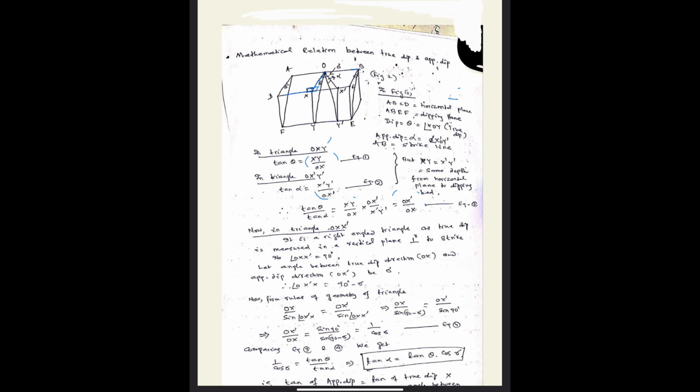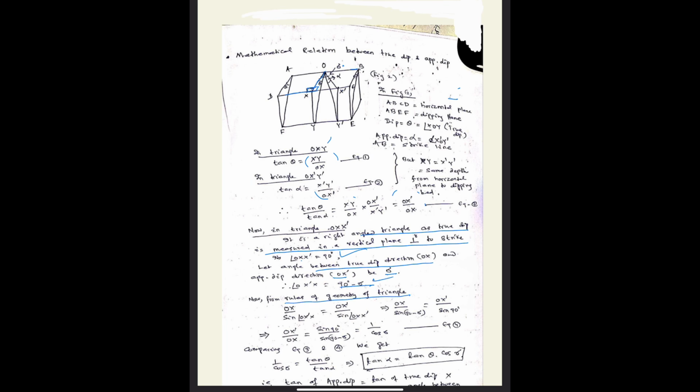So the triangle OXX' is a right angle triangle, as the true dip is measured in a vertical plane perpendicular to strike. So angle OXX' is 90 degrees, and the angle between true dip direction OX and apparent dip direction OX' is delta. Let us say delta. So angle OX'X will be 90 degrees minus delta.